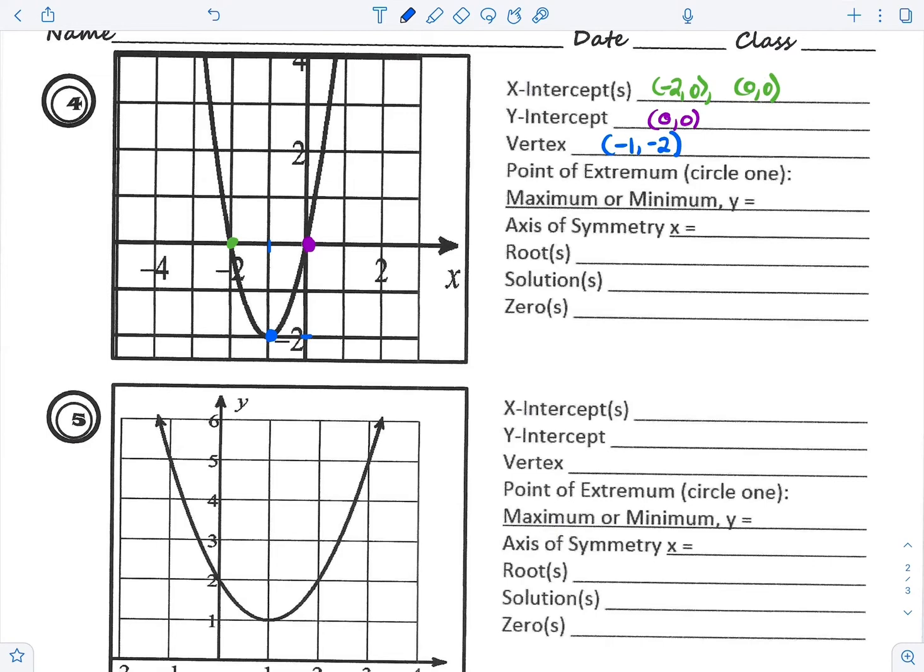And the point of extremum, it's a minimum where our y is negative 2. Don't forget, the axis of symmetry is a vertical line that goes directly through the vertex. And notice it goes through x equals negative 1. So that's the equation, x equals negative 1.